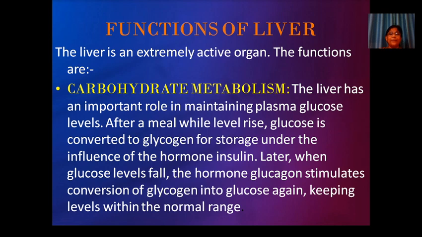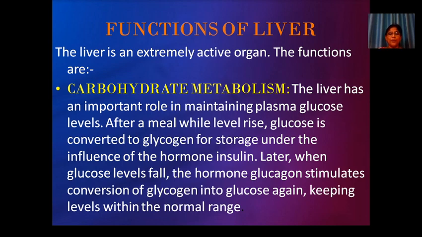After taking meals, the blood glucose level rises. So at that moment, extra glucose is converted to glycogen for storage under the influence of the hormone insulin. Later, when glucose levels fall, the hormone glucagon stimulates conversion of glycogen into glucose again, keeping levels within the normal range.